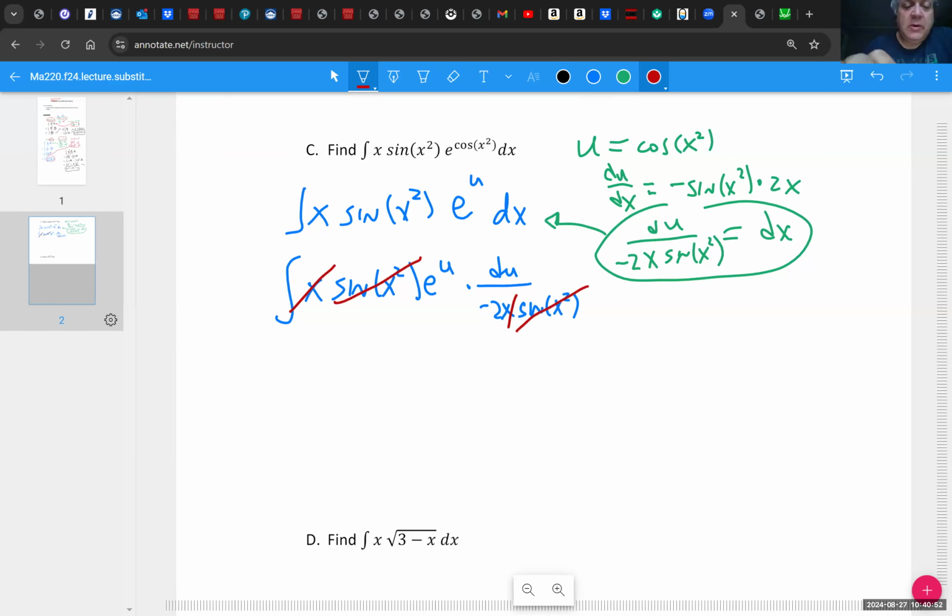Those all equal 1. And so what are we left with? We're left with e to the u, du. On the bottom, we have just -2. -2 is a constant, so we can even write this on the outside. Remember, it's in the denominator, so make sure you keep it there.